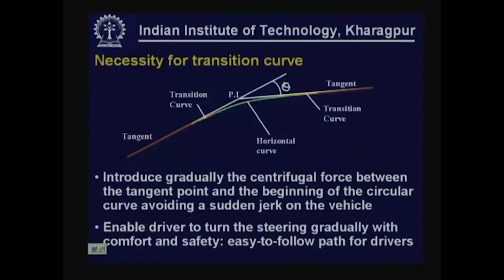However, this rate of change will depend on the shape of the curve that we are using, and also on the exact equation. Now, let us see what the different types of transition curve are. Or first let us see the necessity, and then we shall discuss the different shapes.